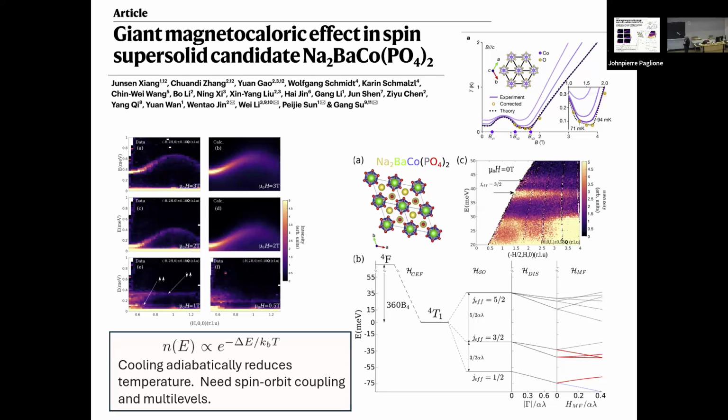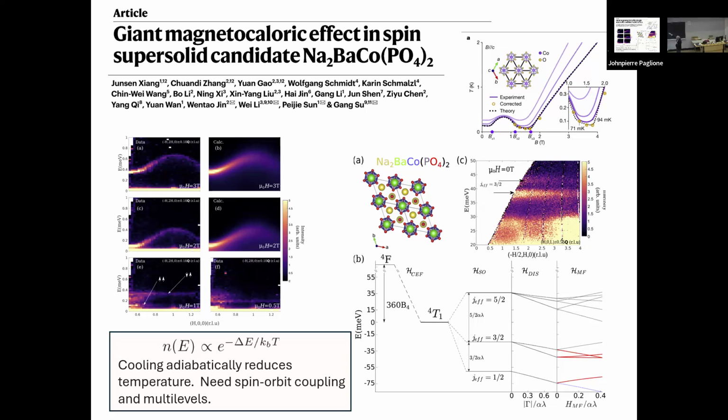I don't know how to pronounce this, NBCP, if the chemists can forgive me. But anyways, in this case here, if you do the single ion response, you go down to low temperatures, or you magnetically order this thing, for example, by applying a huge magnetic field, you can split that ground state doublet down here.